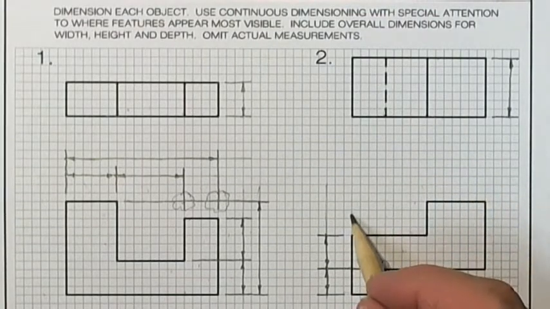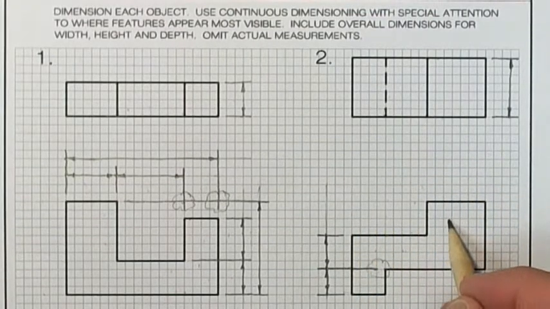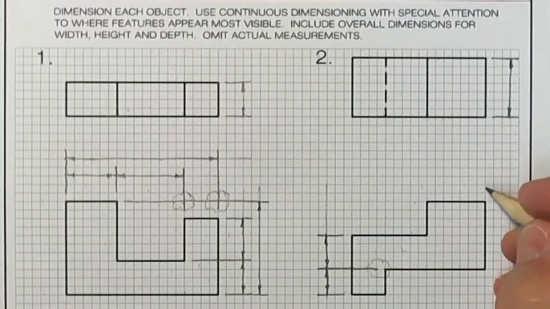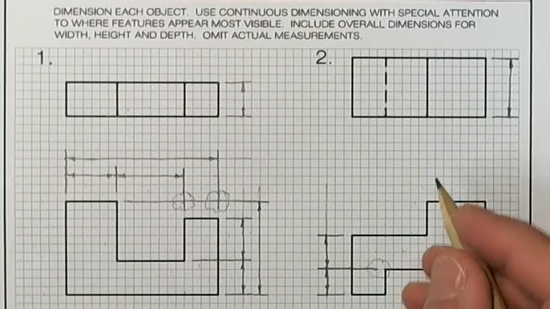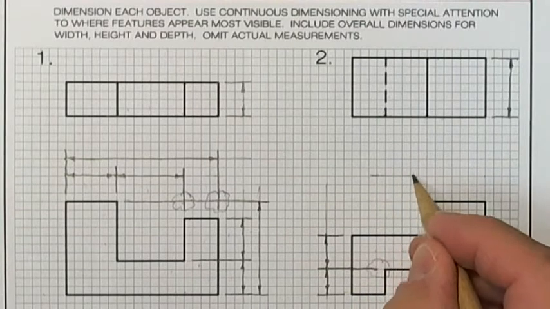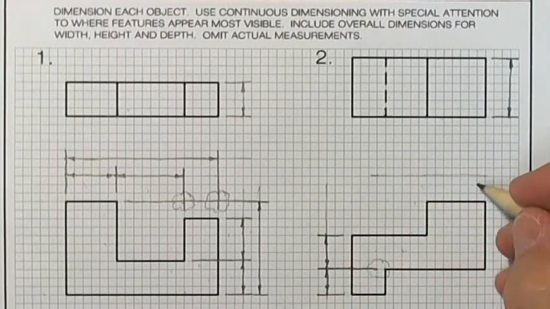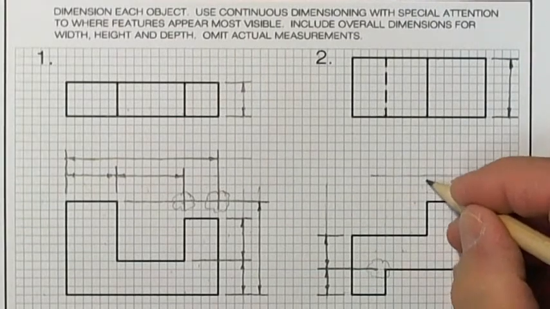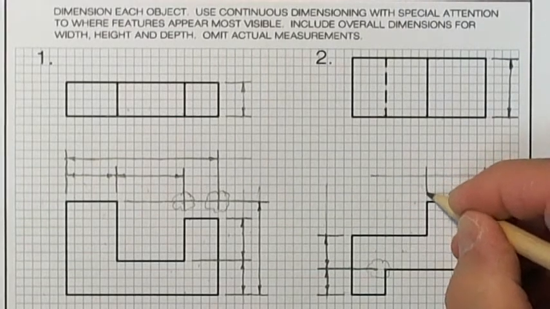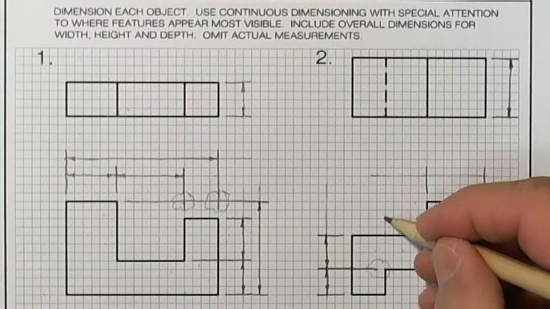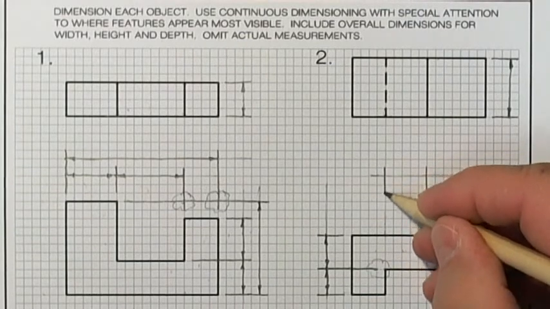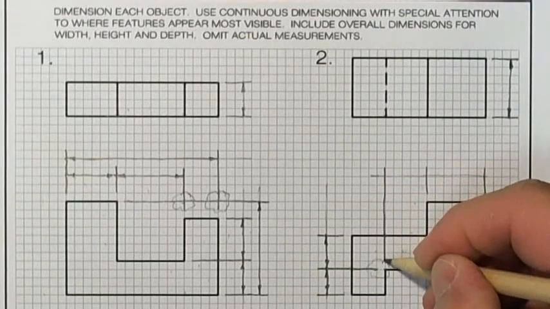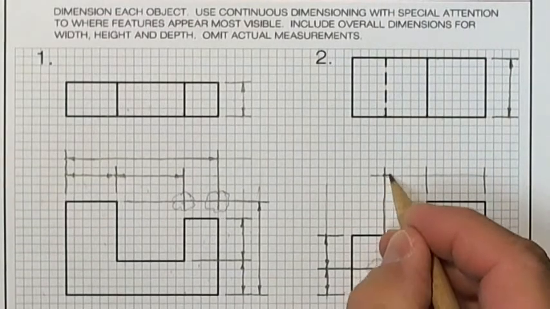I can start from this side or this side, and just to be a little bit different, for whatever reason, let's start from the right side. And I'll go to here, to here, and I'll go there.